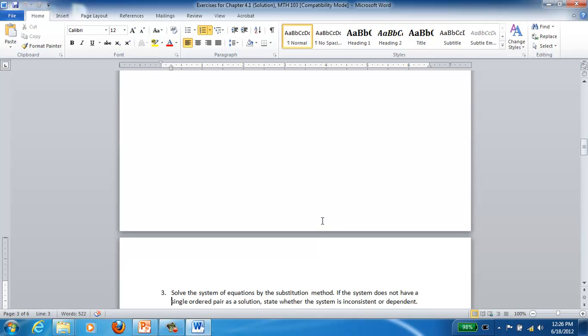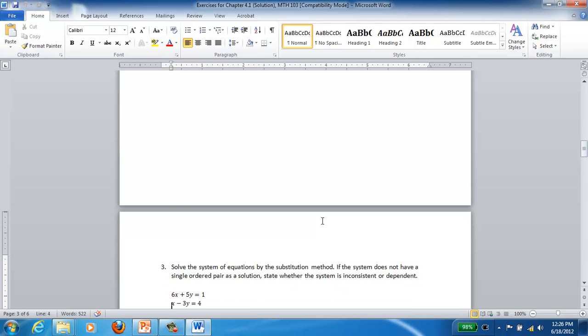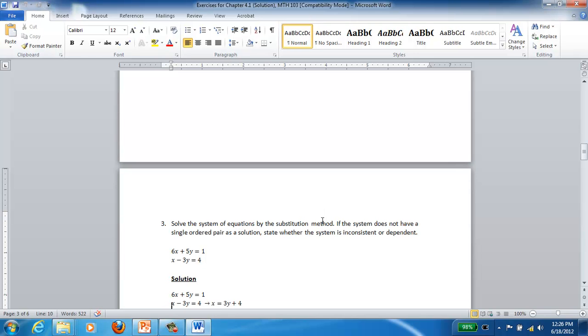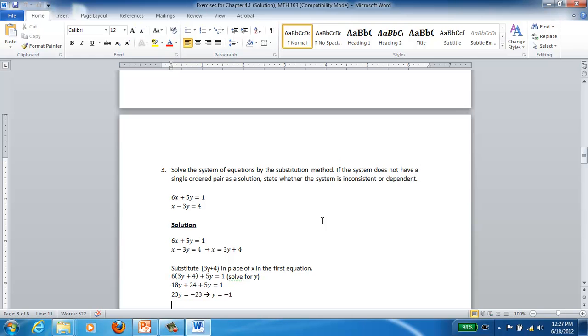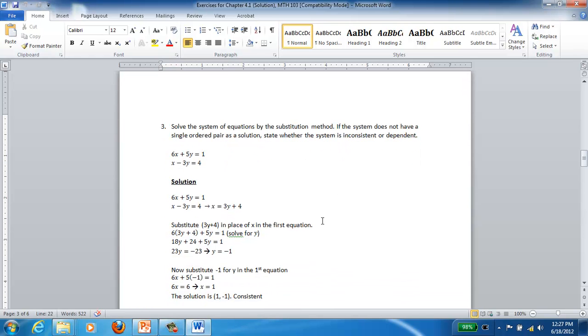Solve the system of equations by the substitution method. Let's take the equations 6x plus 5y equals 1 and x minus 3y equals 4. Solution.